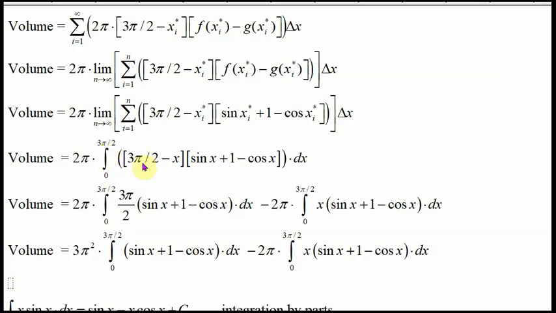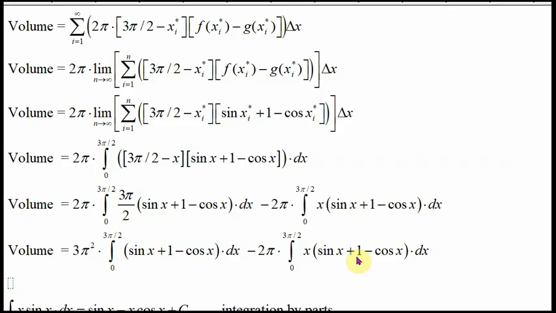Then I'm going to expand this integral. I'm going to rewrite this as 3 pi over 2 times this expression, and then minus x times the same expression. The 2 pi times 3 pi over 2 is just 3 pi squared, and over here we get the same expression.